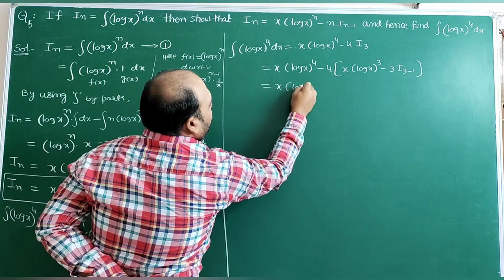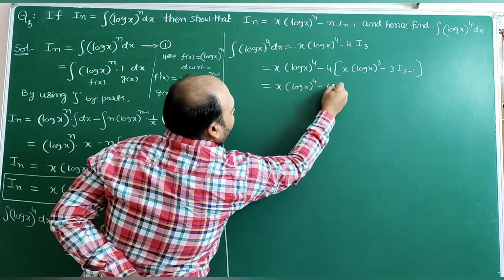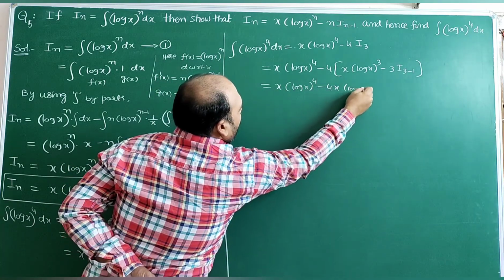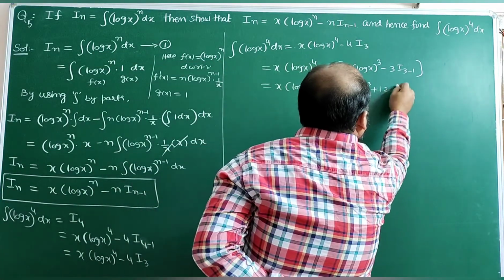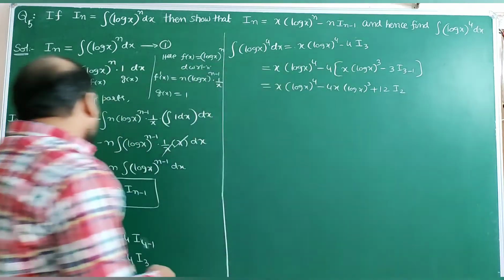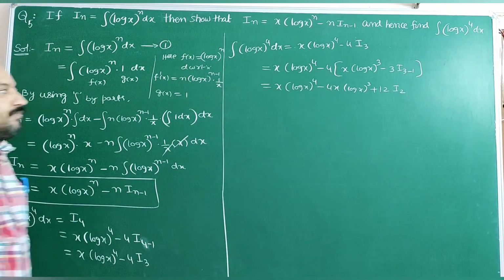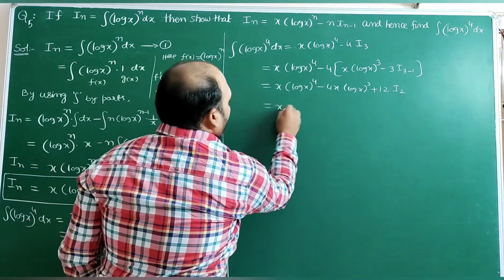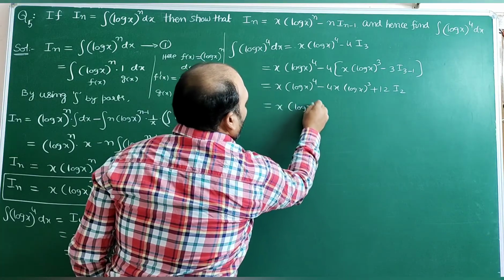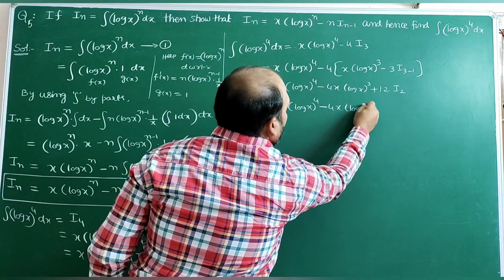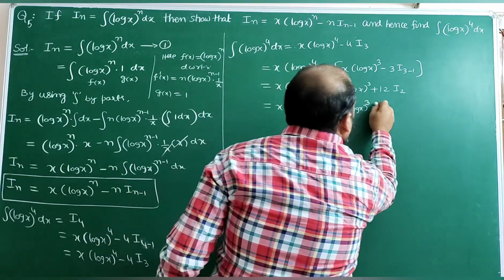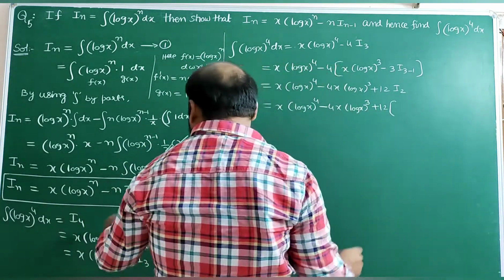x into (log x) whole power 4 minus 4x (log x) whole power 3, minus into minus is plus 12 I2. Again I2 means n is equal to 2, substitute here, which is equal to x into (log x) whole power 4 minus 4x into (log x) whole cube plus 12 into, keep bracket, I2.